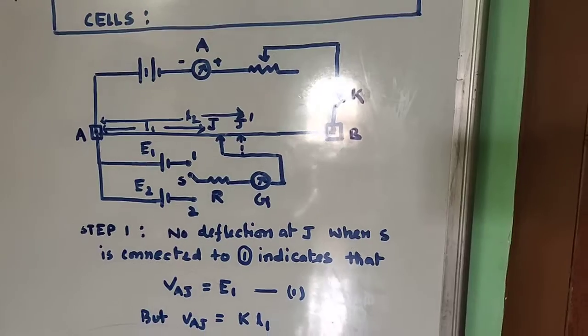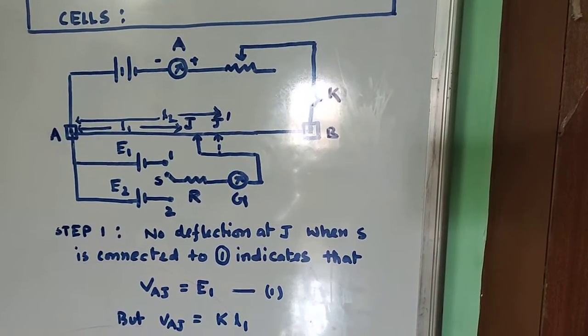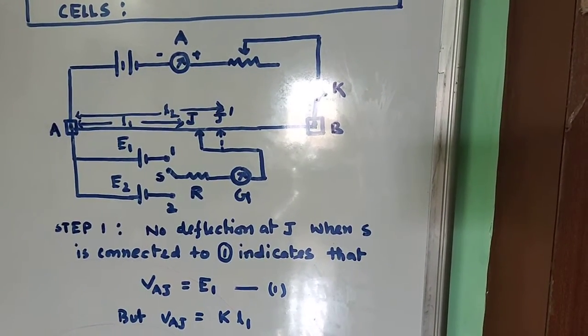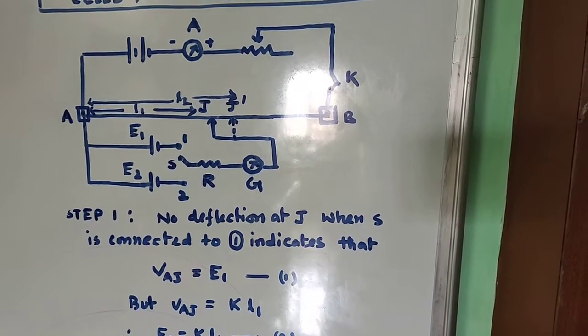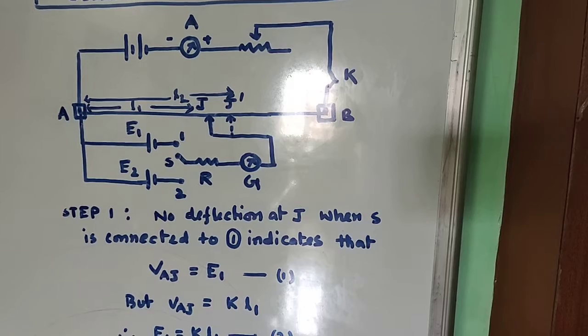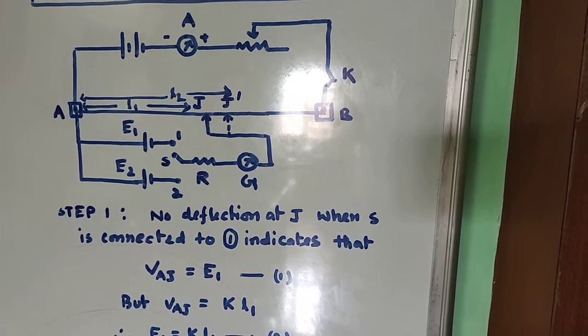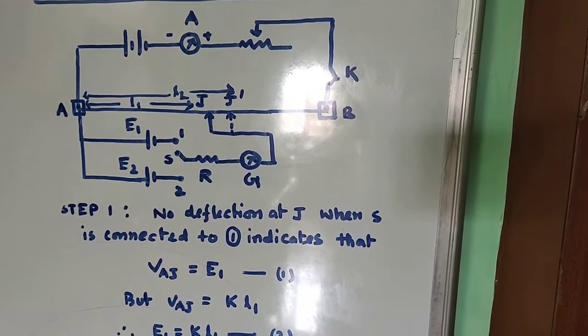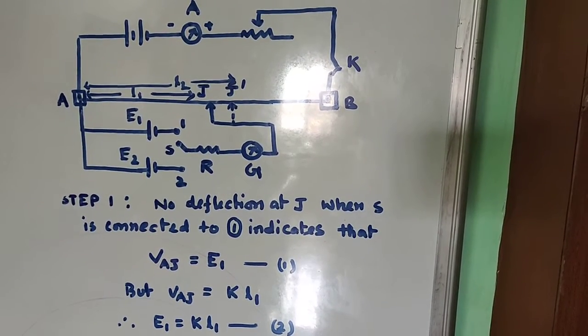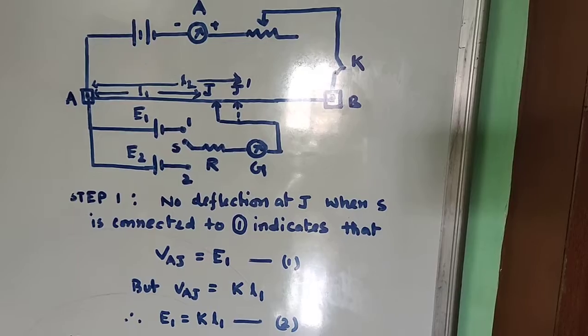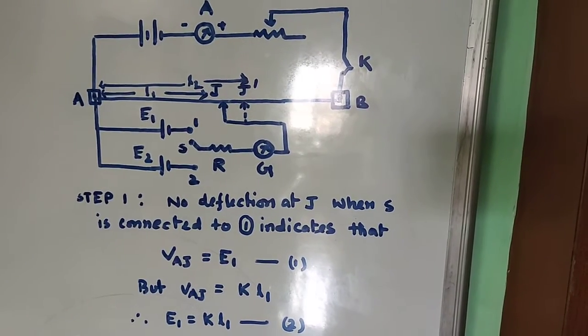Step 1: no deflection at J when S is connected to 1 indicates that V_AJ equals E1. They balance each other, that's why no deflection occurs in the galvanometer. Until the balancing condition comes, you get a deflection in the galvanometer, but when it balances, there is no deflection.